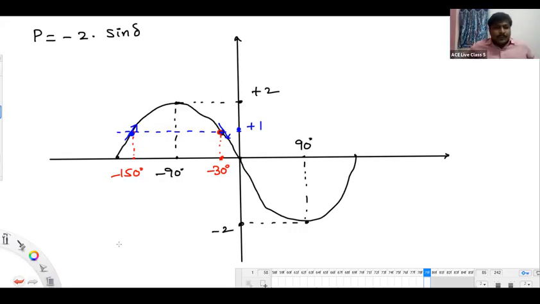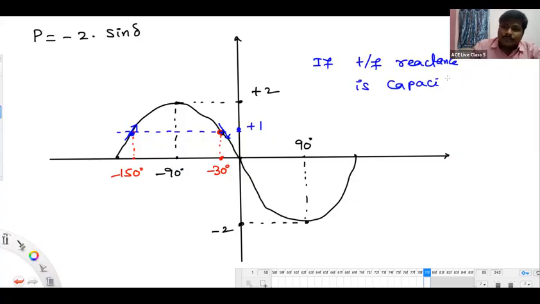So I have resumed. The reason the Pmax is coming negative is obviously due to capacitive transfer reactance. So if the transfer reactance is capacitive, this type of curve you are going to get.